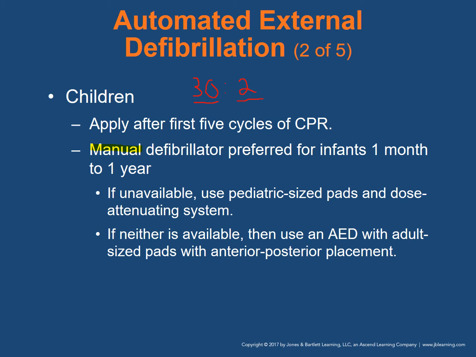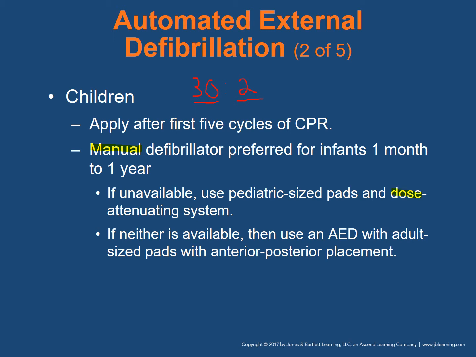In any case, we can tailor that electrical energy to meet the patient's weight standards, depending on how big they are. If this is unavailable, however, if you only have the AED, you can use the pediatric size pads and the dose attenuating system.